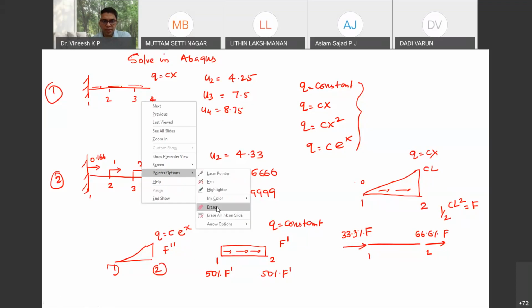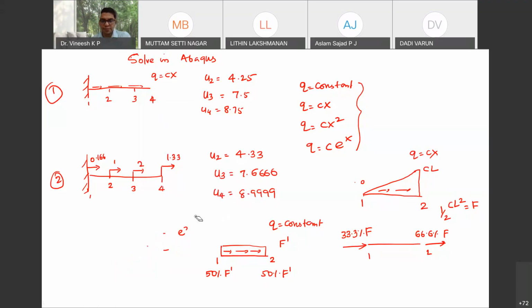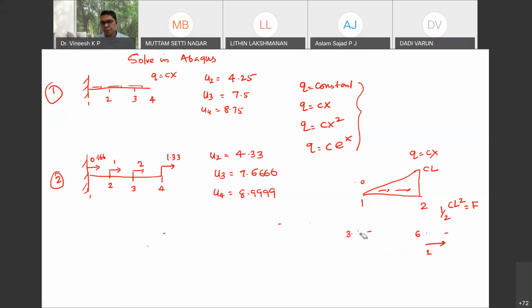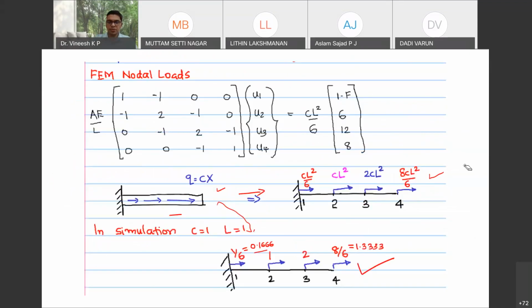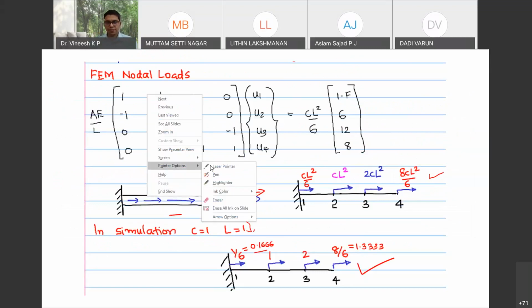Okay, so that is what is here. I'm just erasing this one. Okay, so this is the distributor. That is why we can call this an equivalent condition. So we have a continuous load that will be distributed to nodal loads.